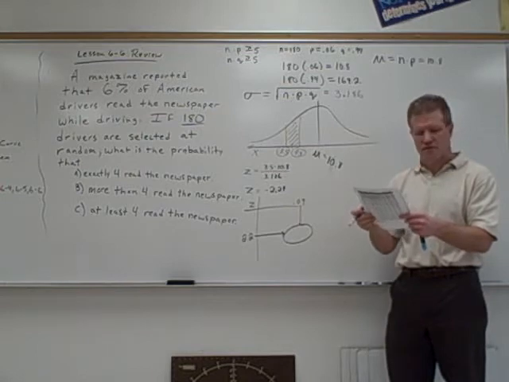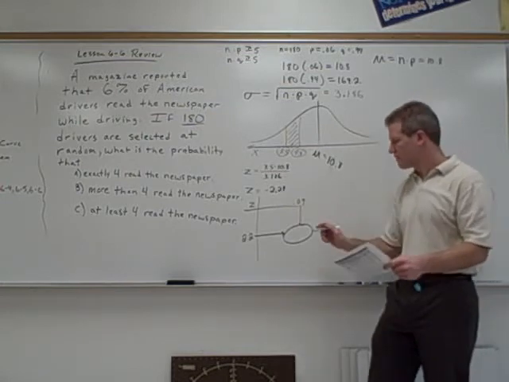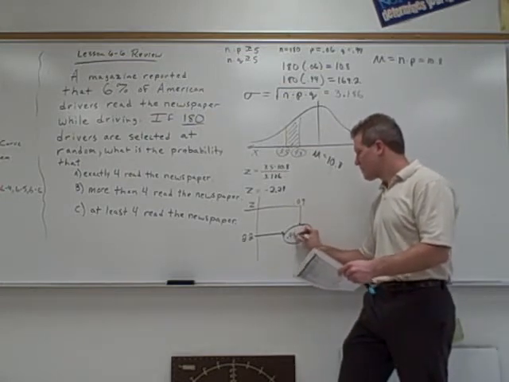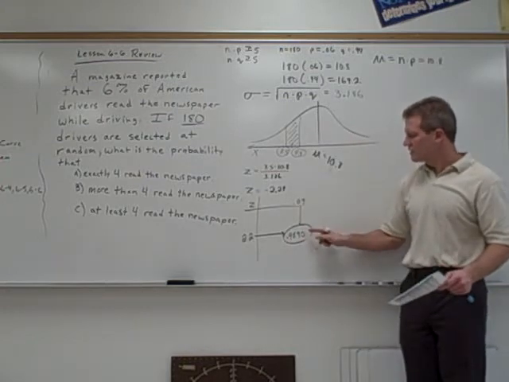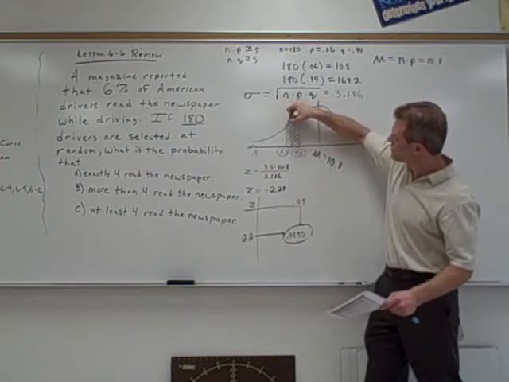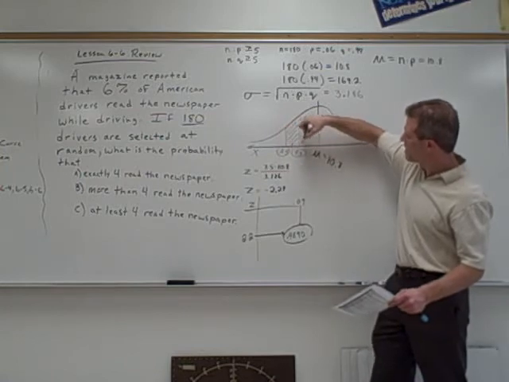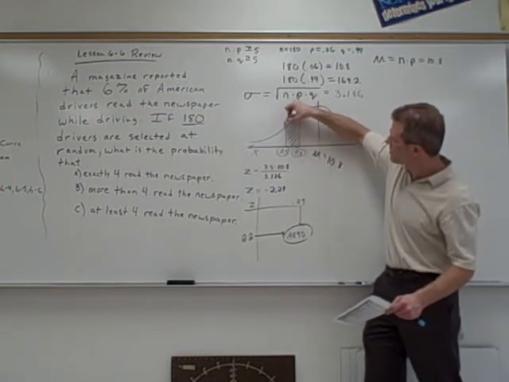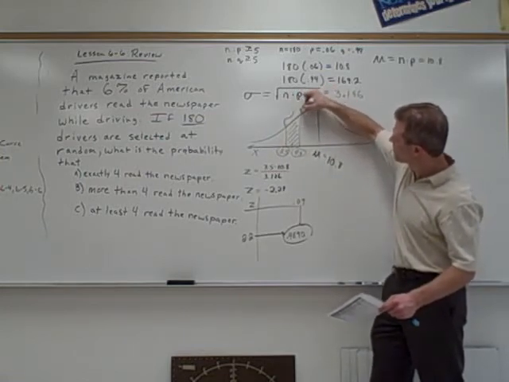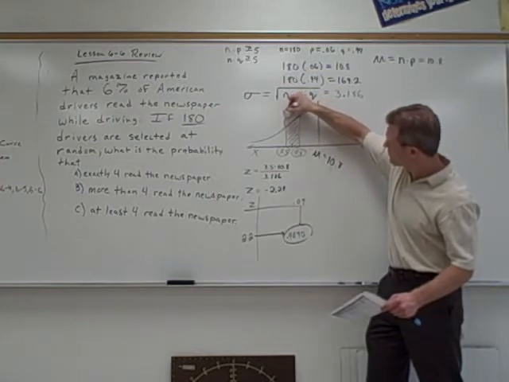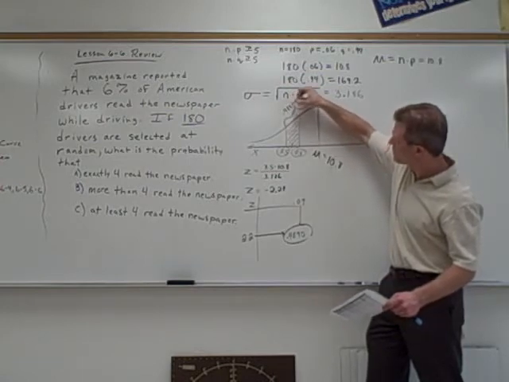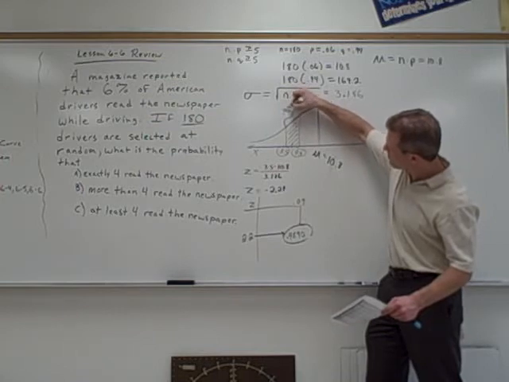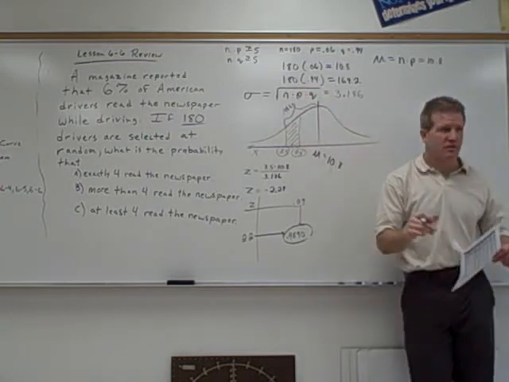Anyone else see that? 0.4890. So that is the area between 3.5 and 10.8. This area is 0.4890. Any questions about that?